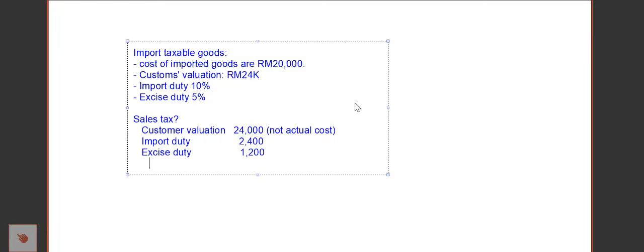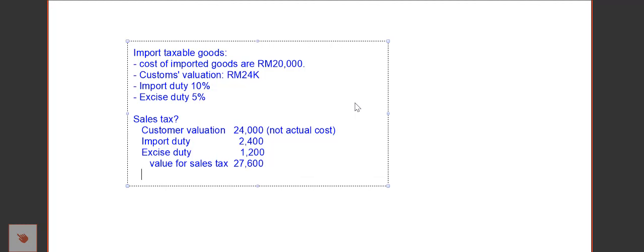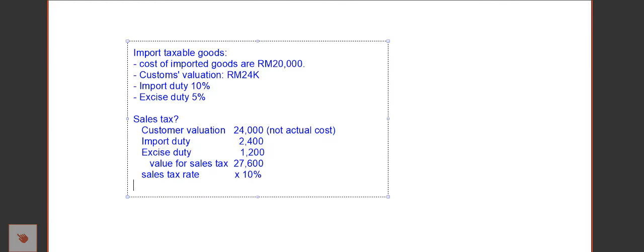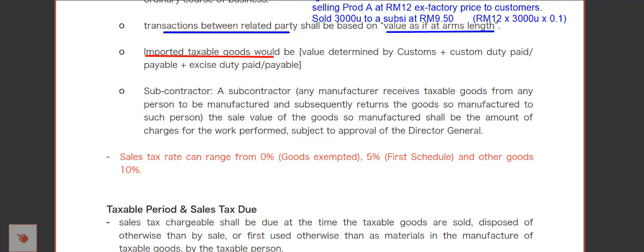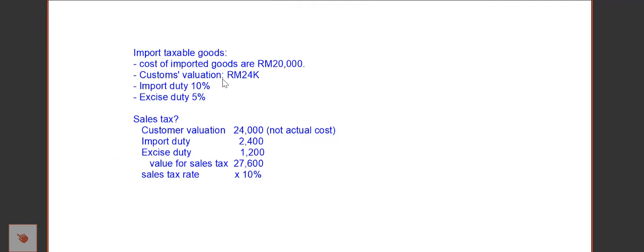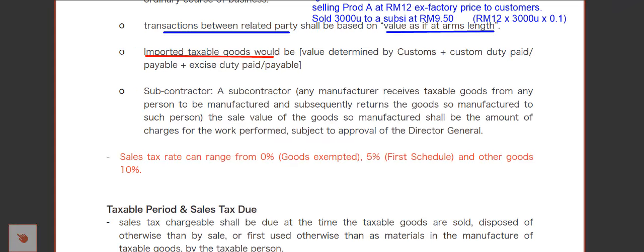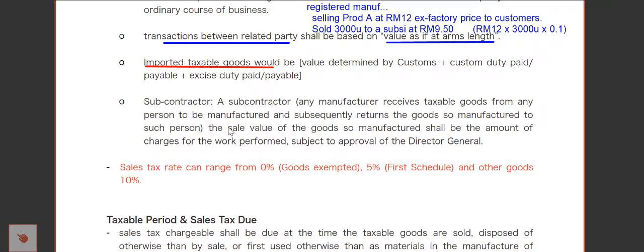So the value for sales tax purpose will be 27,600. Now let's say your sales tax rate is 10%, so you know what's your sales tax, right? Okay, that's how you determine the value for sales tax purpose if you import products. Okay, clear, imported goods.